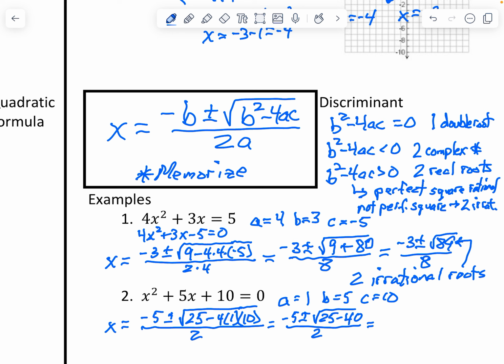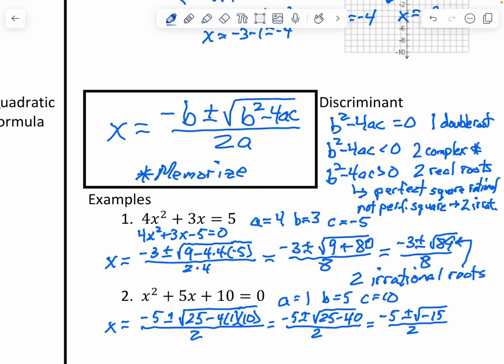We get a negative number underneath the square root, that ends up being the complex roots. So 25 minus 40 is negative 15, all over 2. And how we usually write that answer then is we split it up between the real and the imaginary part.